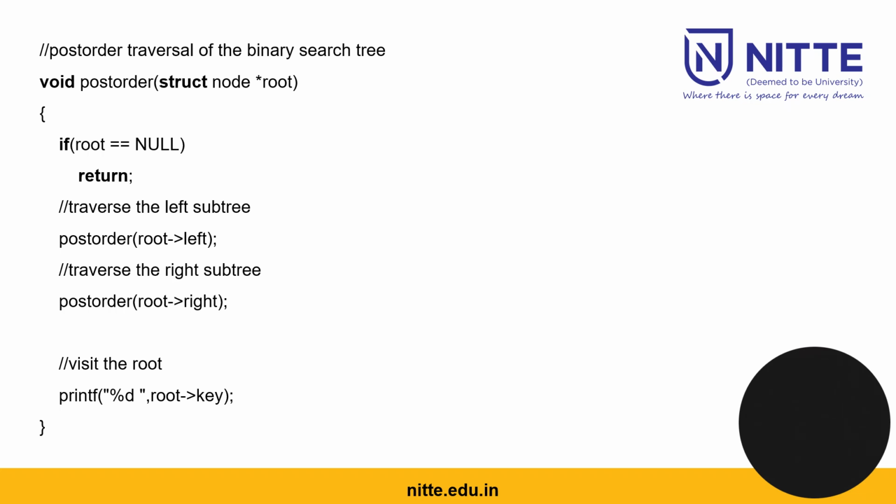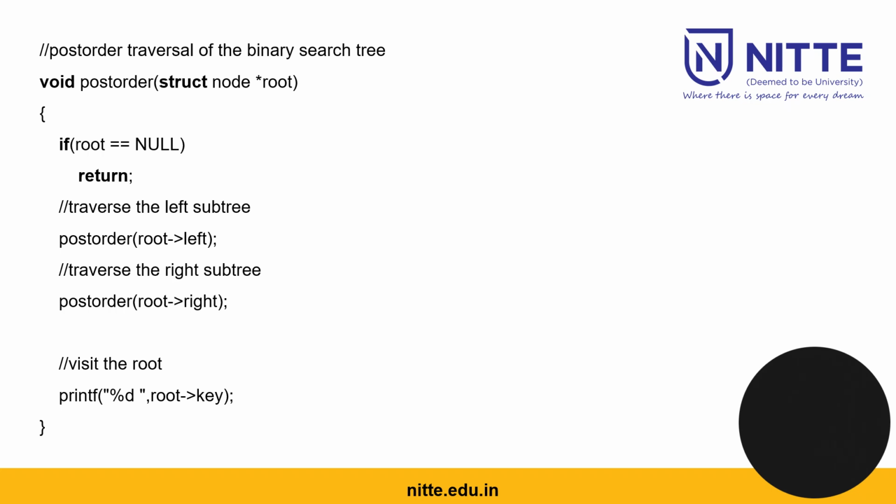So postOrder root left means it will go to the left side, the left subtree of the root, and visit all the nodes in that subtree. Then it will traverse the right subtree. So that is why we have to write postOrder root right. So once we write this, it will visit all the nodes which are at the right side of the root.